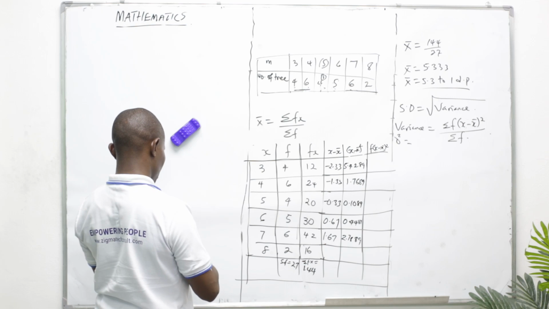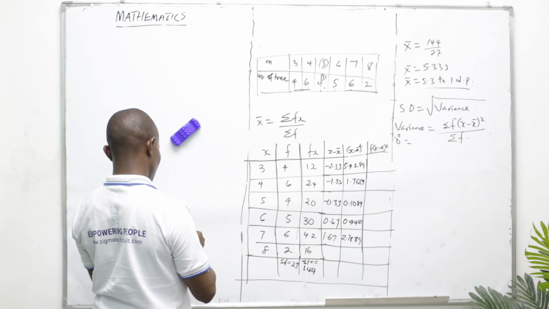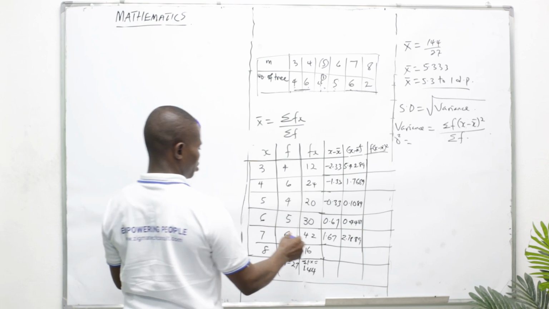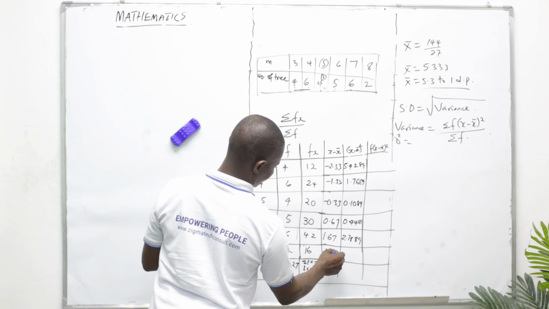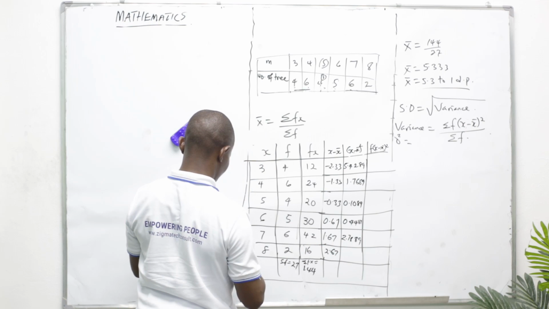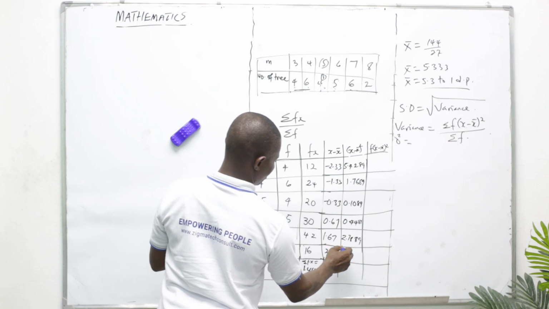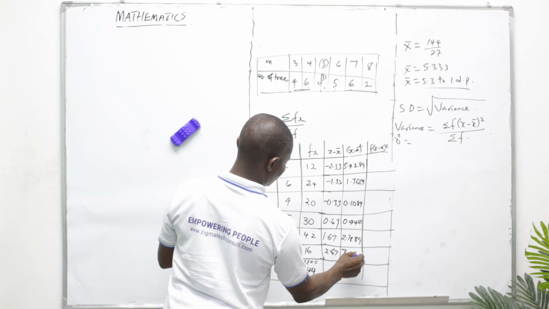Then 8 minus 5.33, 2.67 squared is 7.1289.